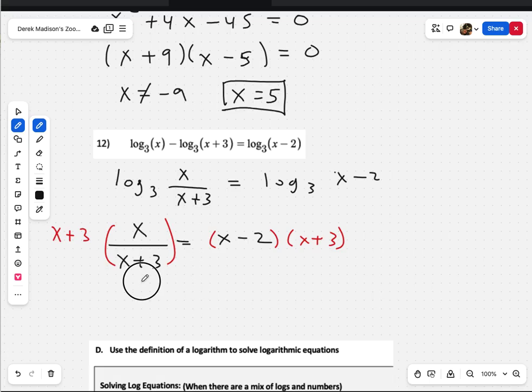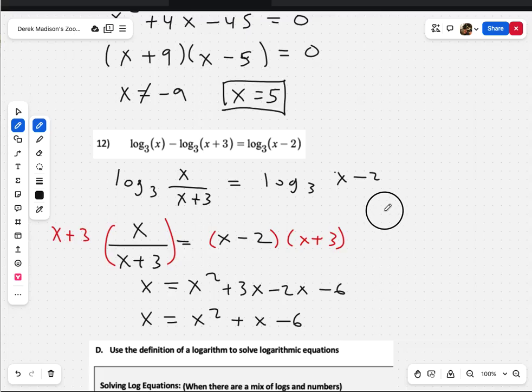Those would cancel. I have x equals x squared, foiling here, and then plus 3x minus 2x minus 6. So that would be x equals x squared plus x minus 6. Notice when I go to subtract that x over, it drops out. They cancel.